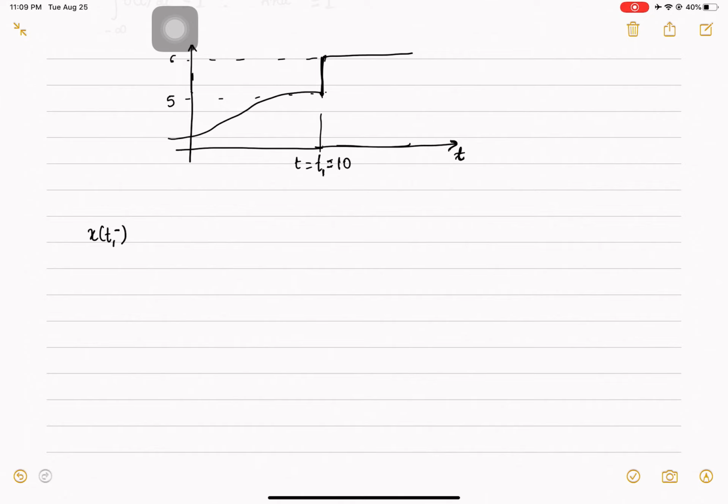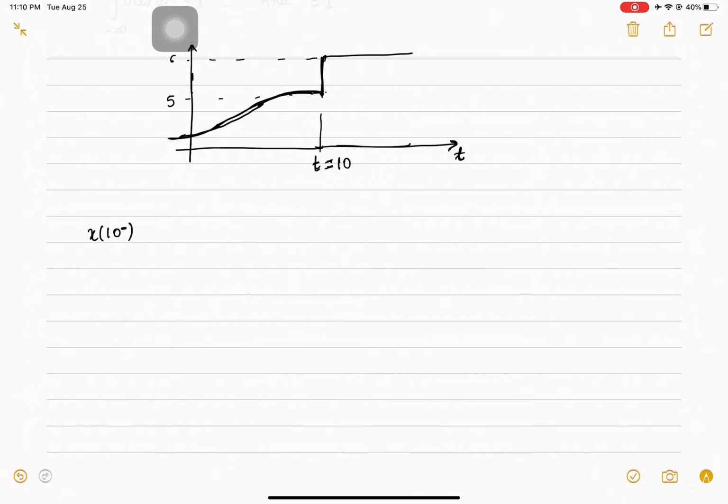I'm going to move along the curve and approach the point t equal to 10. The minus on top implies you are approaching the point t equal to 10 along the function from the left hand side.